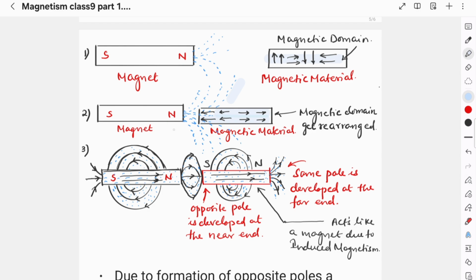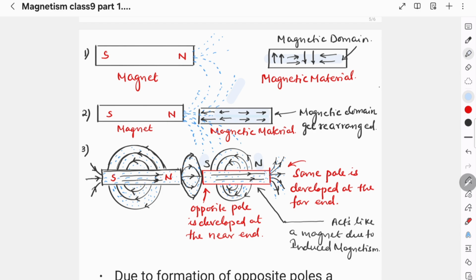So now see, the end which is near to the north pole of the magnet develops a south pole, and the far end becomes the north pole, which is the same as the pole of the magnet which is close to the magnetic material.